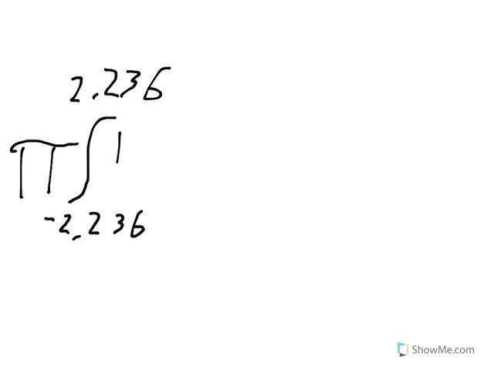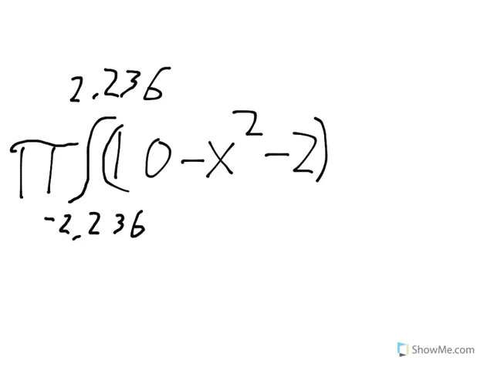So we're going to do 10 minus x squared, and oh wait, remember now, we had y equals 2 as our point of rotation. So we're going to do minus 2. We're going to square this. And then we're going to subtract from that bottom function, y equals 5.